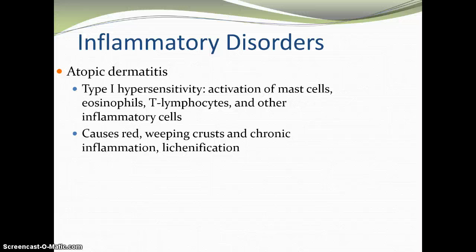Also with atopic dermatitis, the skin of a patient with atopic dermatitis reacts abnormally and easily to irritants, food, and environmental allergens and becomes very itchy, which again will lead to scratching, redness, and flaking of the skin. Atopic dermatitis is sometimes called the itch that rashes because the itchiness precedes the rash.